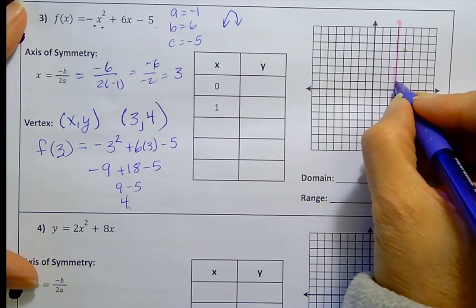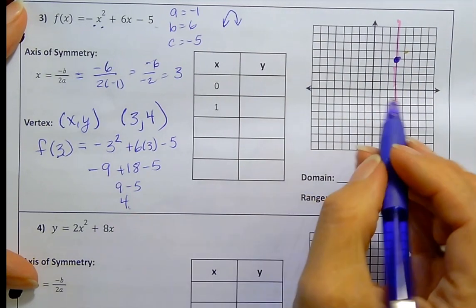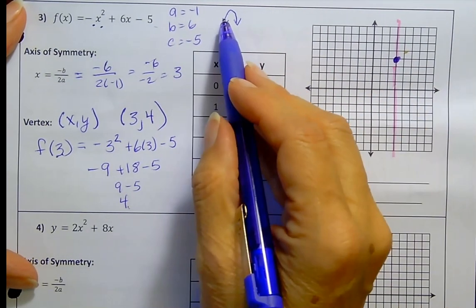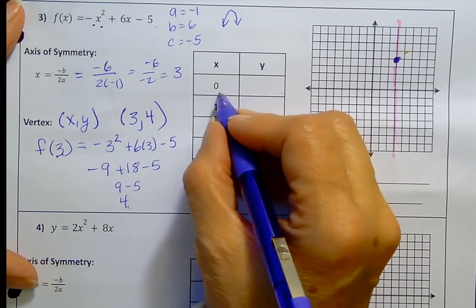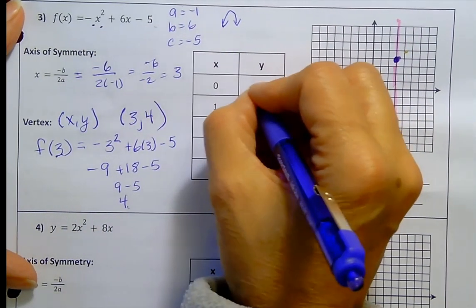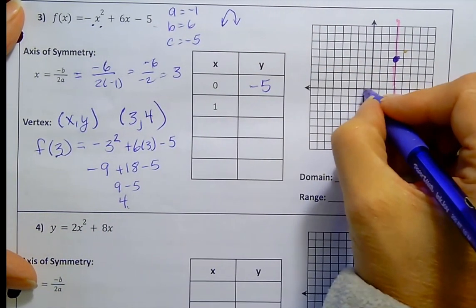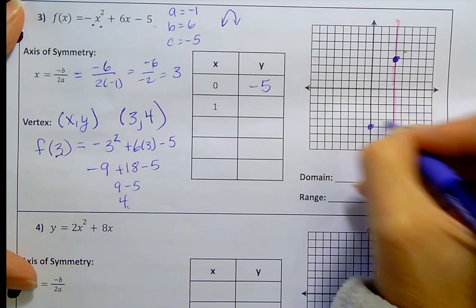Let's plot it. 1, 2, 3, 1, 2, 3, 4. That is my vertex. And remember that I expect that to be my maximum because my parabola is going to open down. So let's find some points that we're willing to work with. Of course, we love when x is 0. When x is 0, y is negative 5. That's a point, right? 0, 1, 2, 3, 4, 5, my y-intercept.